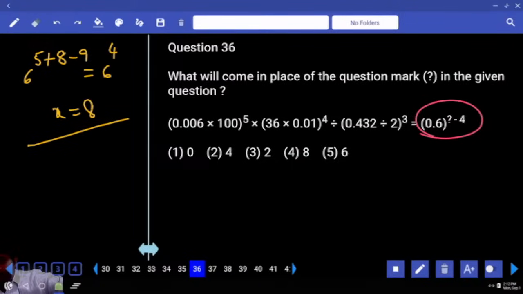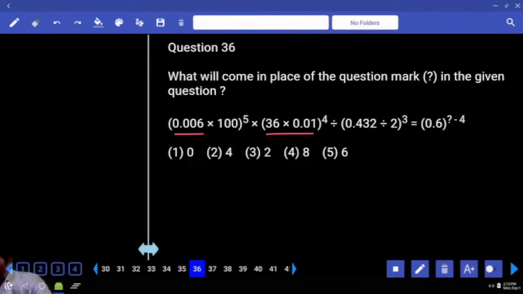Come on. Even if you consider decimal and hundreds places, it will be the same. If you consider tens places and then units places, you are literally wasting your time. Because if you multiply this number with itself, what do you get? 0.6, not 6. 0.36, and 0.36 is the same as 0.6 whole square.